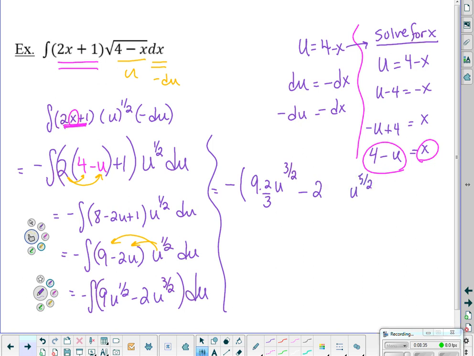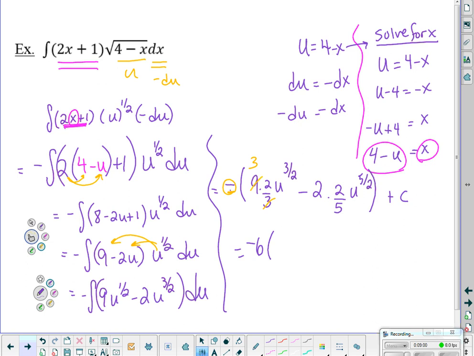Dividing by 5/2 is like multiplying by 2/5. And put that in parentheses because we knew we needed to distribute this negative, and then plus c since we're an indefinite. Distribute negative, that's going to give us, oh, we got a little fun going on here. Simplify that, so I'm going to have negative 6u to the 3/2.